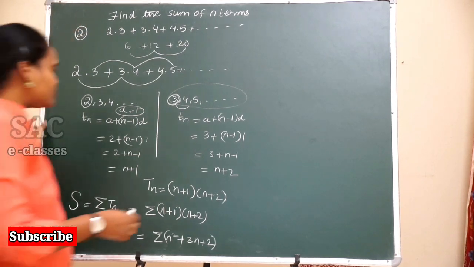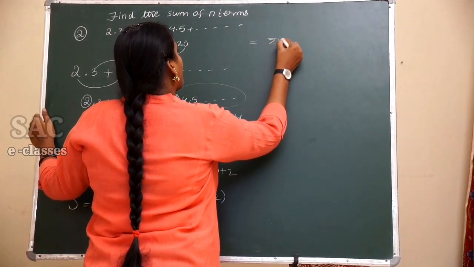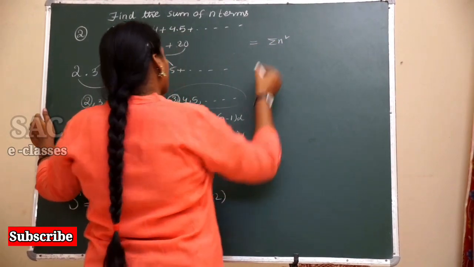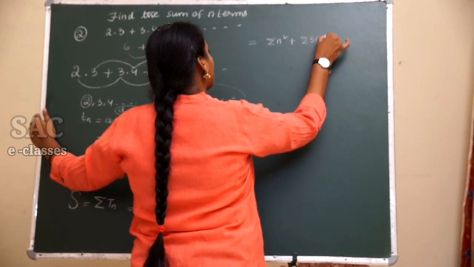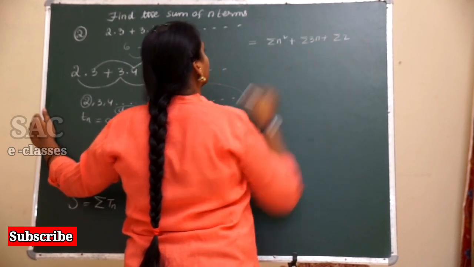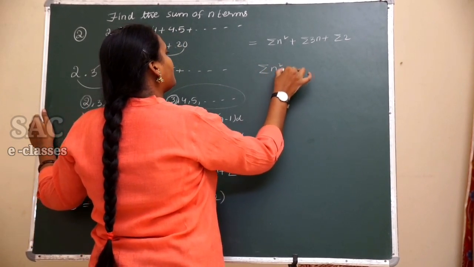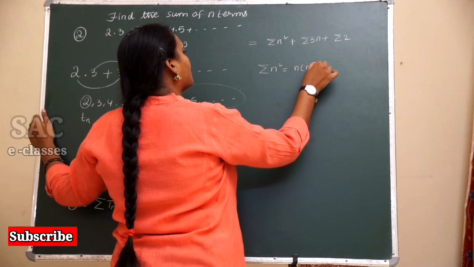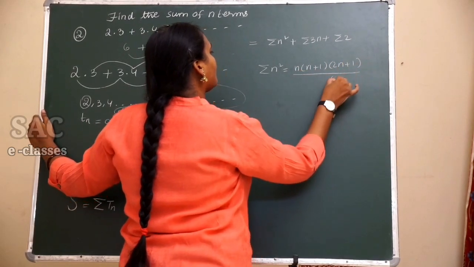So let me apply the sigma for the given: sigma n square plus sigma 3n plus sigma 2. You should know that sigma n square is n into n plus 1 into 2n plus 1 by 6. Already I have mentioned it.